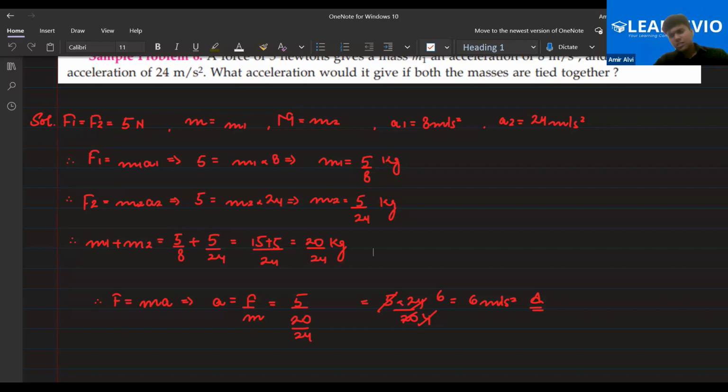So in the last class, we did the numericals based on the second law of motion, right? Let me check if we have any type of numerical left.